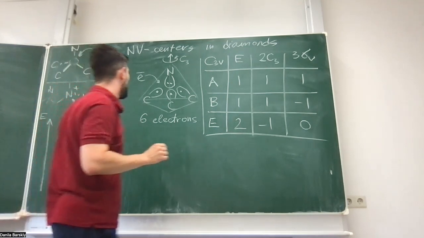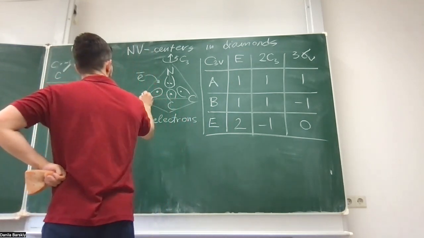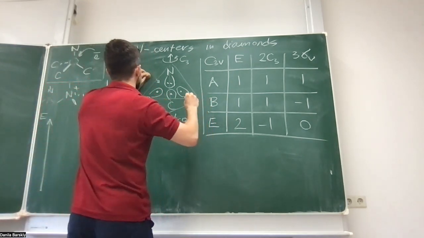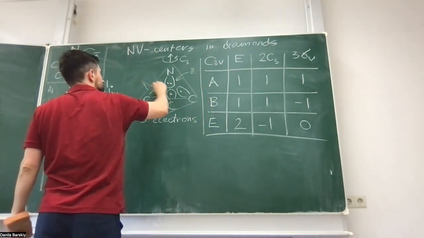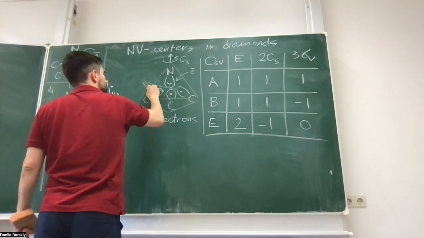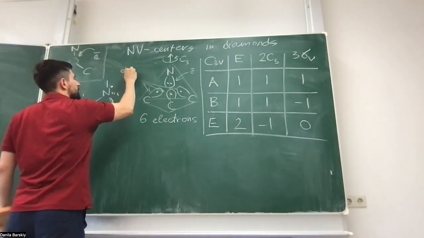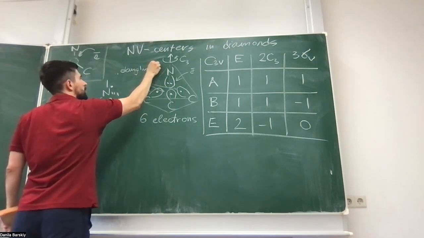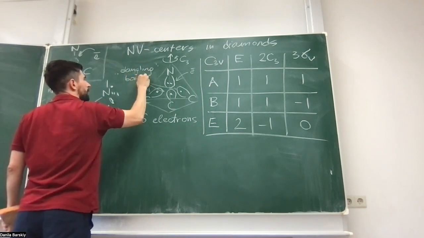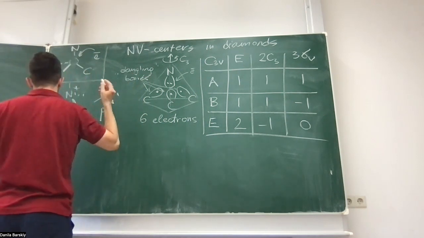So let's call these dangling bonds. Let's put this electron here. How are we going to call them?